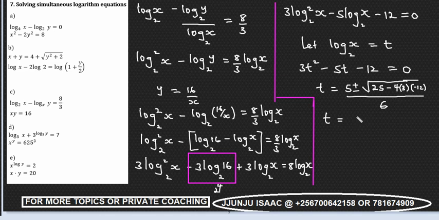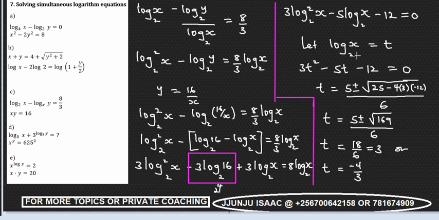So t will be equal to 5 plus or minus 13, because this is the square root of 169, then divided by 6. So we shall get t to be equal to 5 plus 13, which is 18 over 6, and that is 3. Or t will be equal to 5 minus 13, which is negative 8 over 6, or negative 4 over 3.